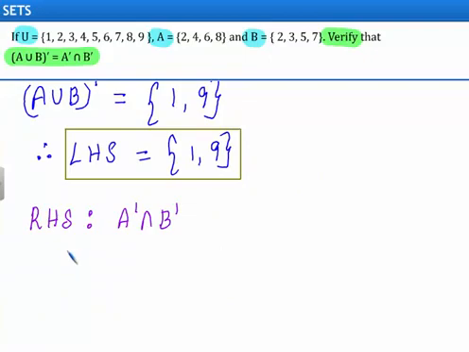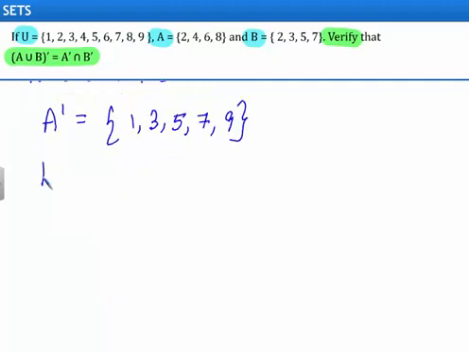Let us now consider the RHS. It is A complement intersection B complement. First let us find A complement. This will be equal to set of all elements which are in the universal set but not in the set A. They are 1, 3, 5, 7, 9.